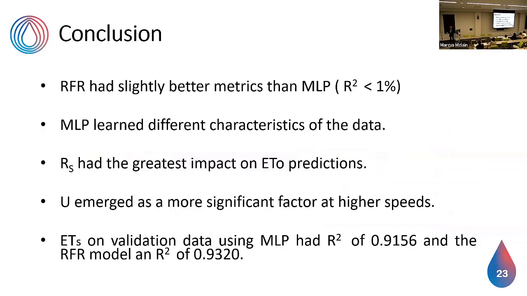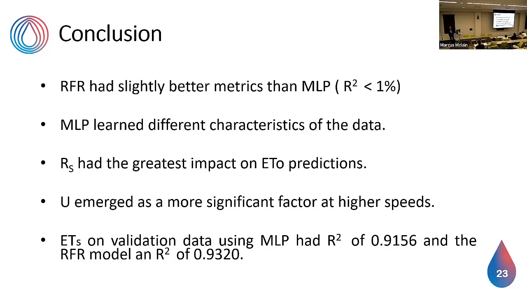So as a conclusion, the random forest regressor and the MLP models are very similar. Each model learns different characteristics of the data. One of the models can underestimate and the other one can overestimate around the June and July months. Those are very important months because we have a lot of temperature here at El Paso.